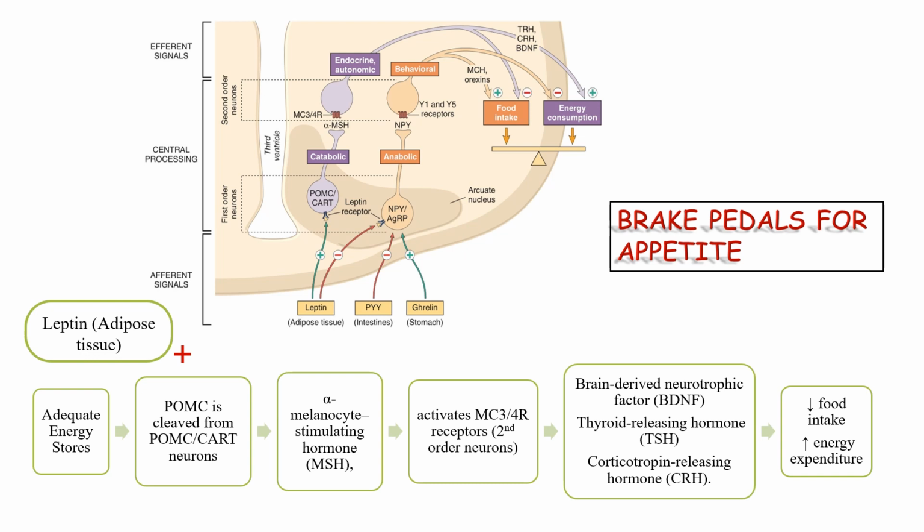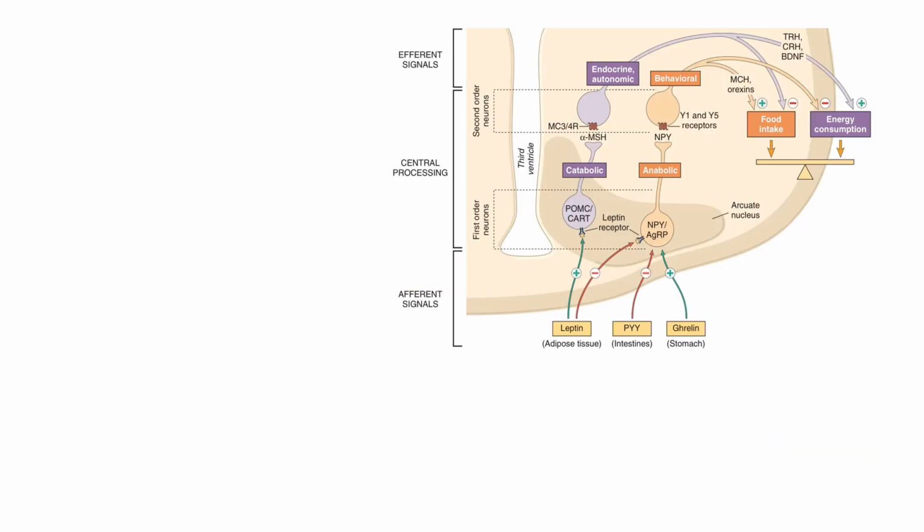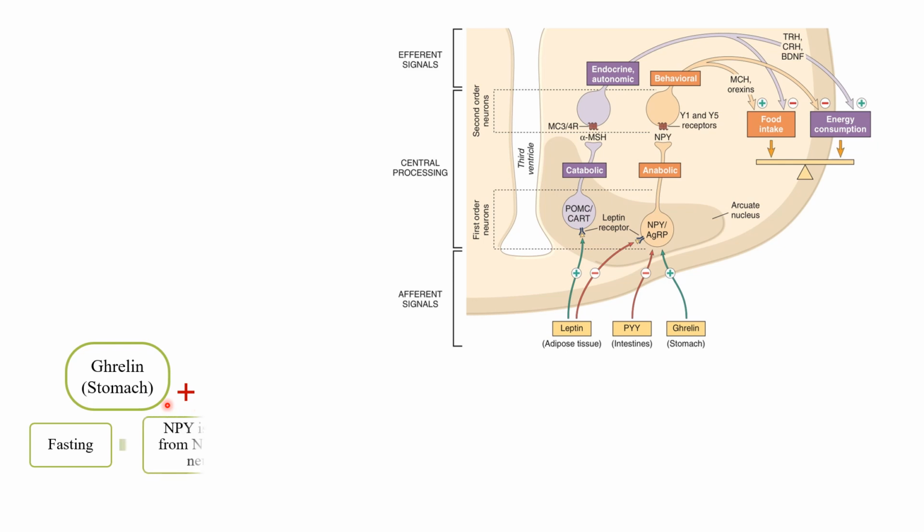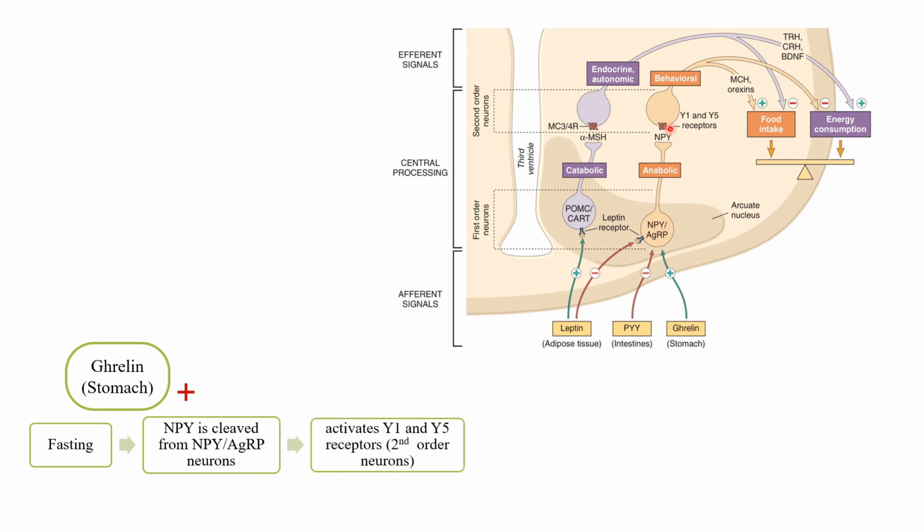So now on the contrary, when you are fasting, your nutrient intake is less, your energy stores are less, what will happen? The stomach will release a hormone called ghrelin. This ghrelin will go and act on the NPY and the AGRP set of neurons, thereby cleaving NPY from this pair. As NPY is cleaved, this will give signals to the second order neurons, that is the Y1 and Y5 receptors.